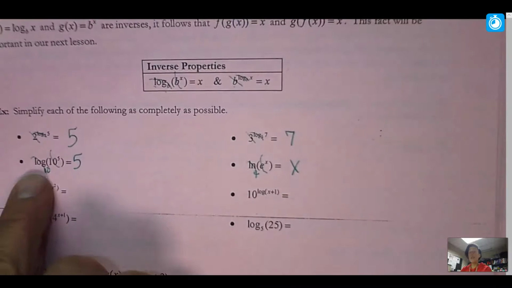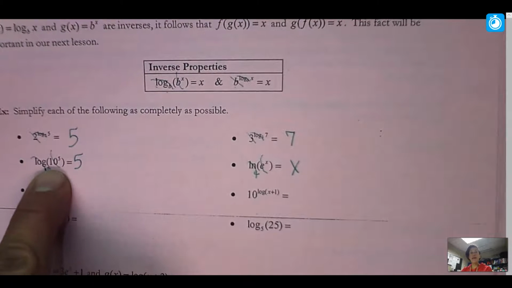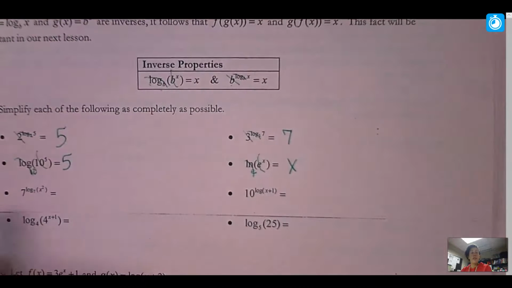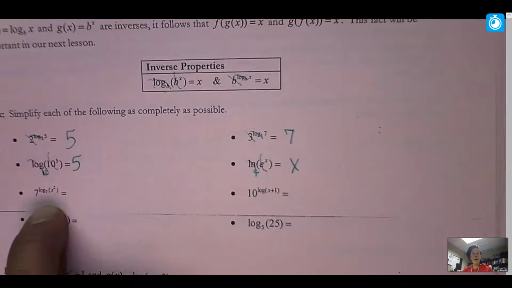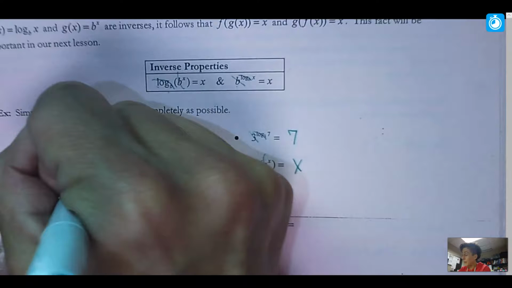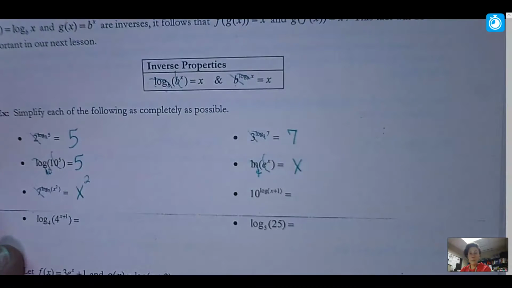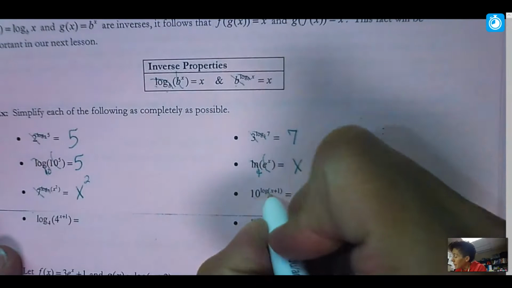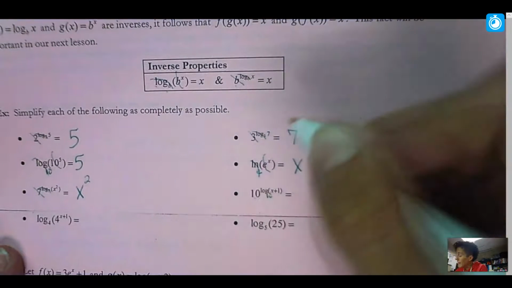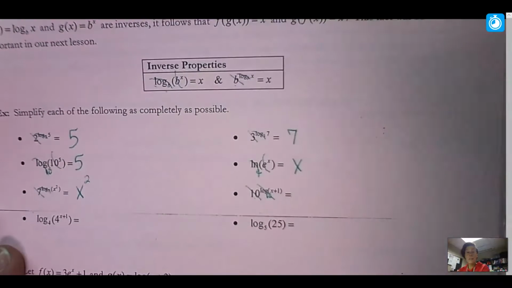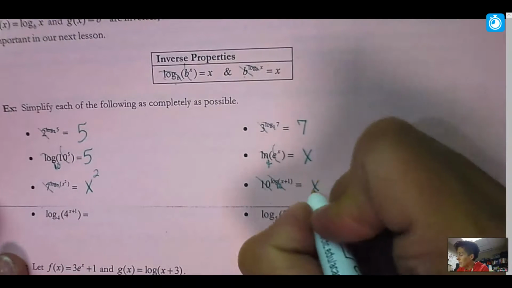And just a reminder, these are log problems, they just happen to have an exponent in it. So this is an exponent problem, the exponent just happens to have a log in it. But they both have a base of 7, and when I'm done, the only thing left is the x squared. And again, this has a base of 10, and this little log here has a base of 10, so when they cancel each other out, I'm left with x plus 1.